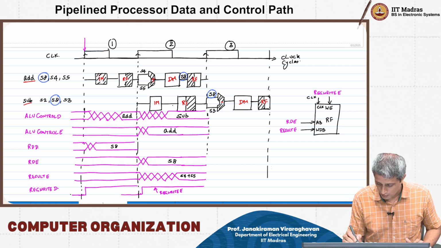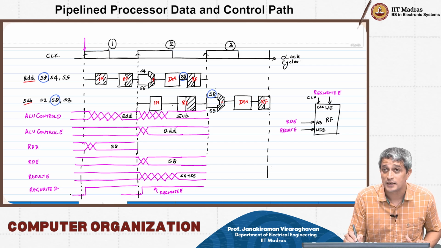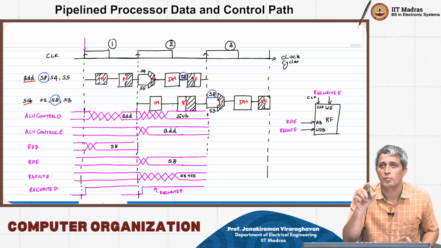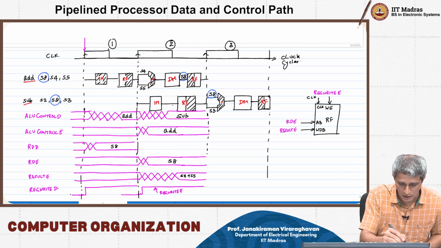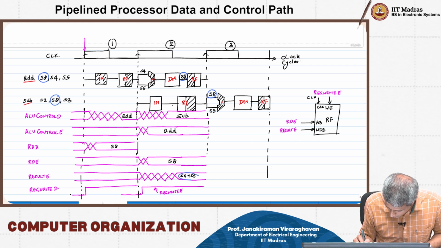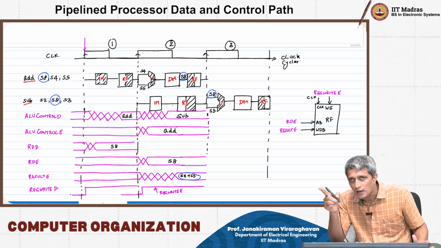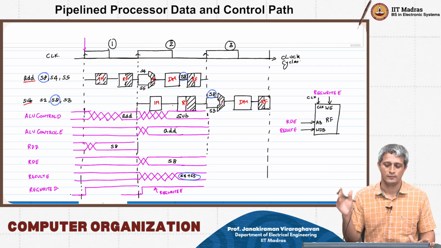So what we ideally want is that the register S8 reads out S4 plus S5. So we want this particular result here to be available as the output that is read out of S8 in the subsequent clock cycle, right?